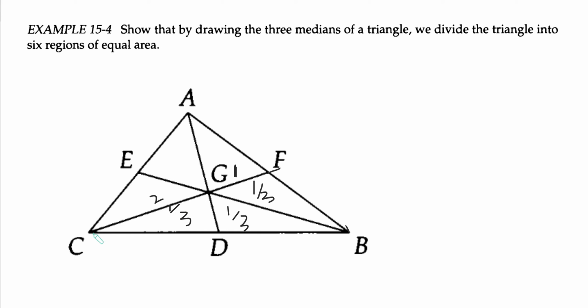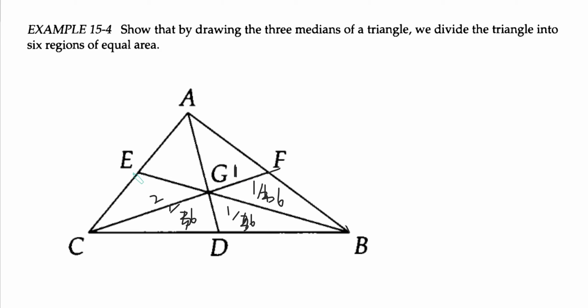That's 1/3 of FCB. And as FCB is a half of ABC, that means all of these are 1/6 because they're a third of a half. So they're 1/6 of the total area.